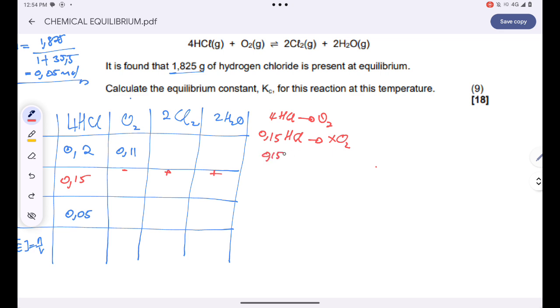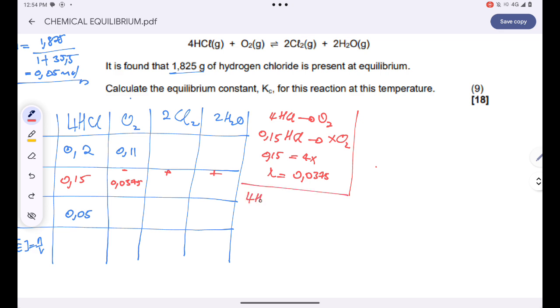That 0.15 is equal to 4x. Then x is basically 0.15 divided by 4. That's equal to 0.0375. Okay, and then now we can go find the number of moles of chlorine.